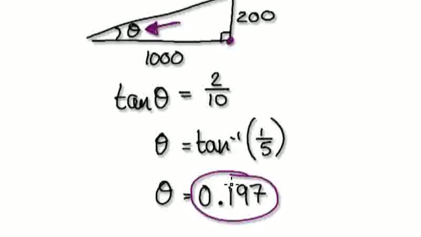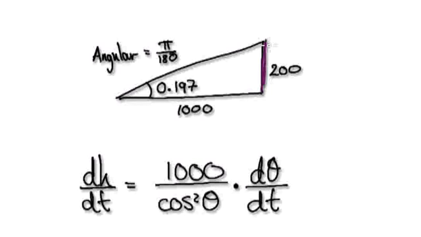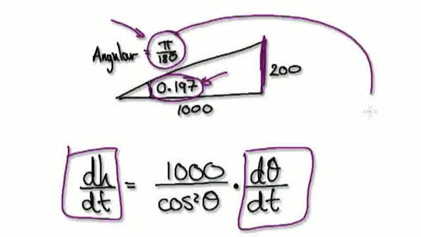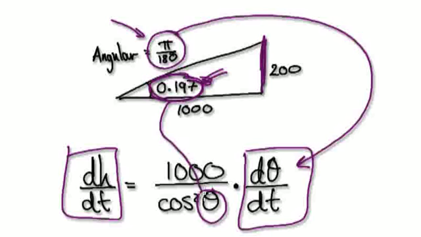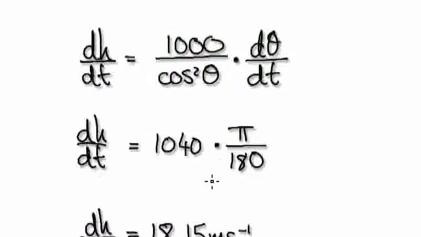Now we know theta, we can put it in there. The angular speed was given to us as this, so we can put this in here, and theta when it's 200 meters above the ground will be this, so we can put that in as well.